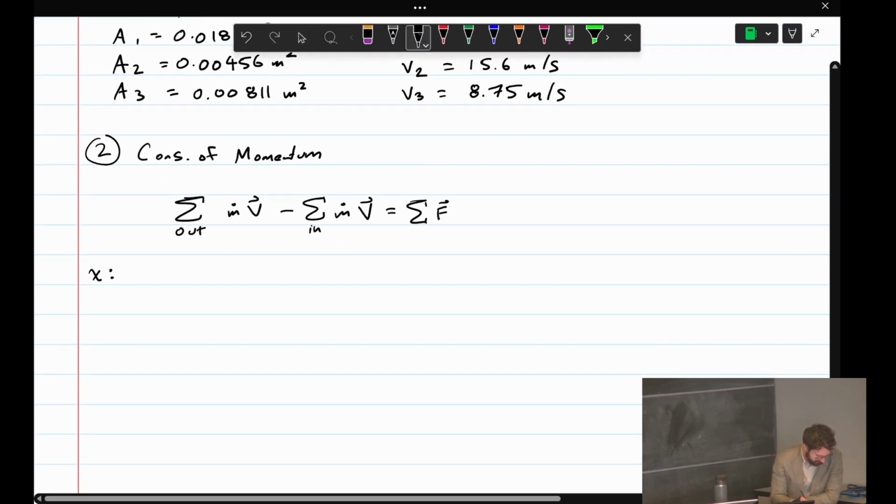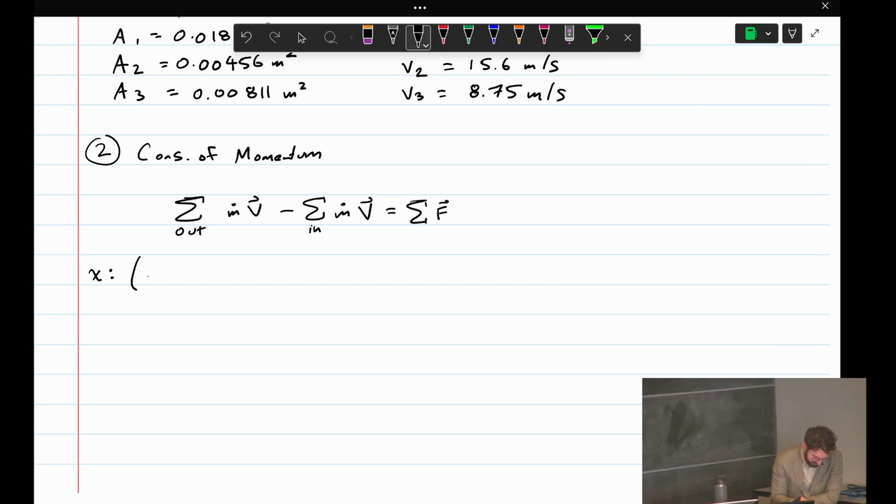So our outlets, we have flow coming out of 2 and 3. It will be m dot 2. Again, with our m dots, we never have to worry about directions, projections, that sort of thing. It's just m dot 2 v2 sine 30 plus m dot 3 v3 sine 50.